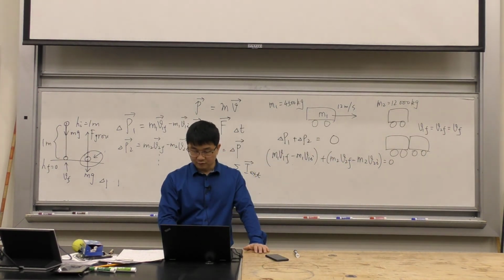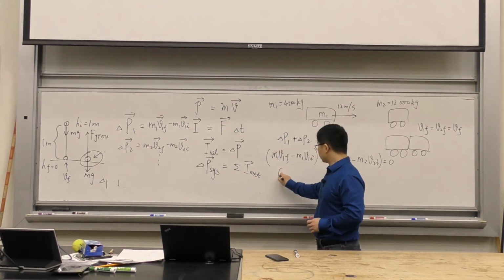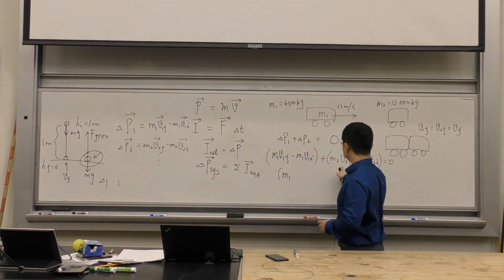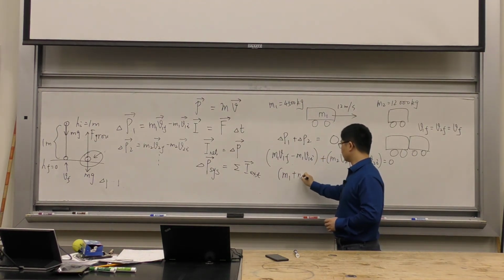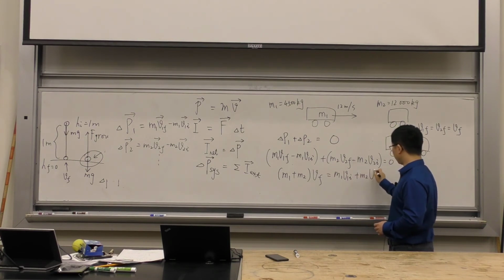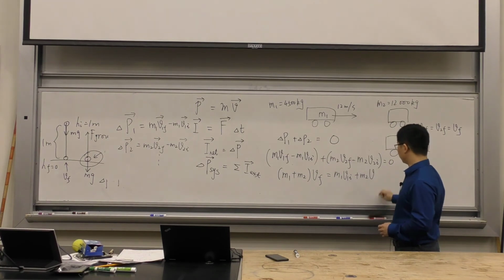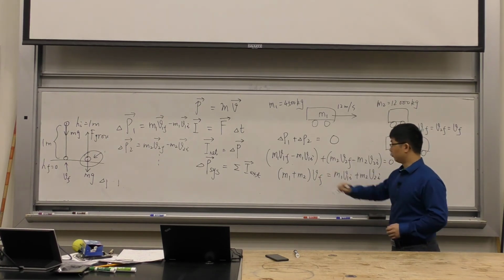All right, now you can pause the video and find the final speed of the collision. If you rearrange this, what do you get? You can combine these two terms with the final speed. You move m1 v1i and m2 v2i to the right, and then you can divide both sides by m1 plus m2.